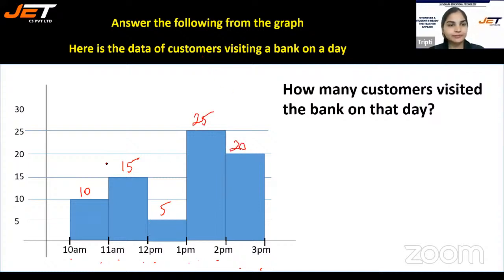Count all of them. So 10 plus 15 is 25, plus 5 is 30, plus 25, 55, then 75.